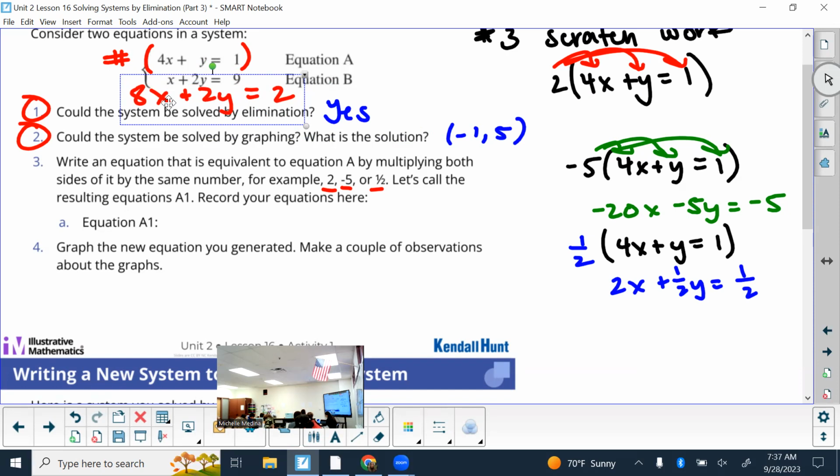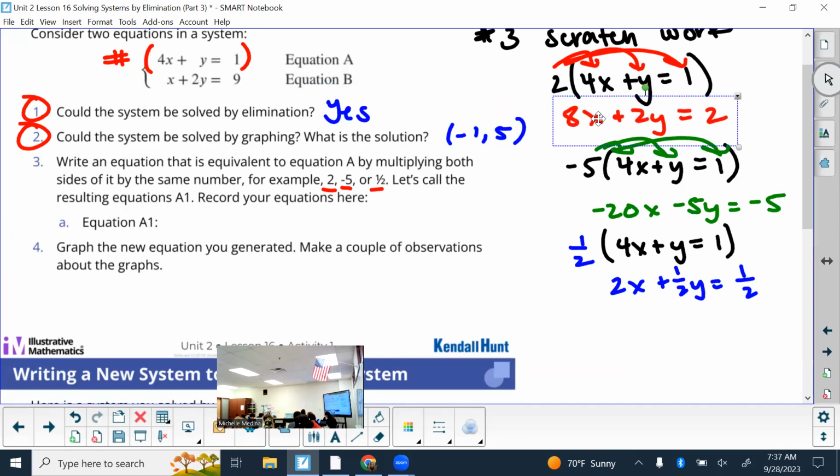Does that make sense? Okay, so it still works. This new method that I'm going to teach you still works. And now you could use elimination for any situation. Granted, there will still be some where you might choose another method because it would be easier, but you can do elimination. You might just have to multiply one or both of the equations by something to make it work.